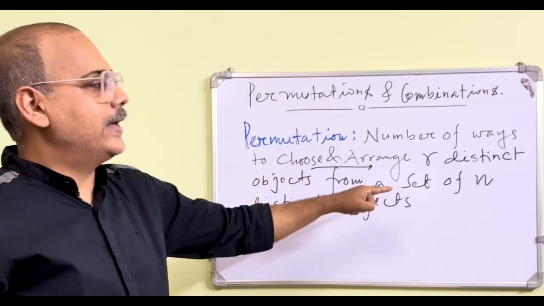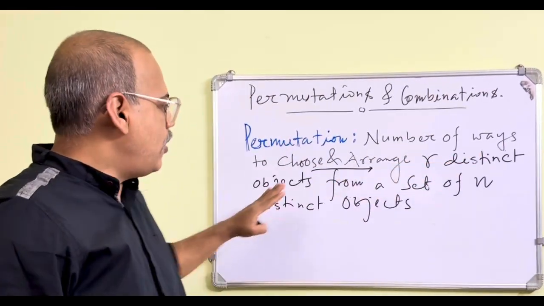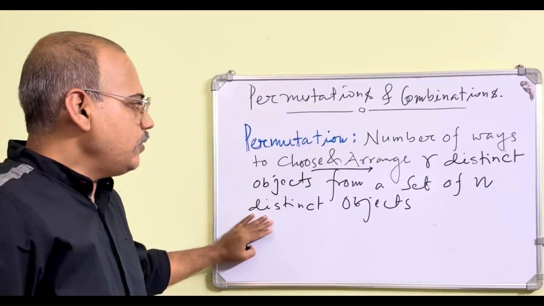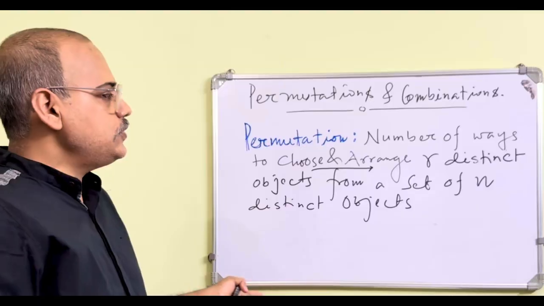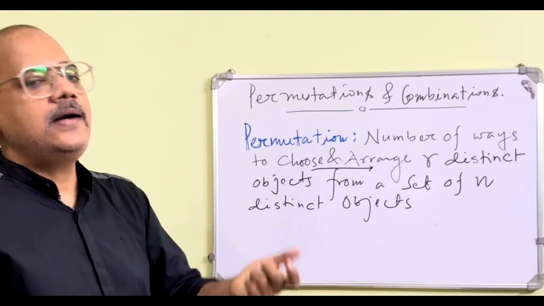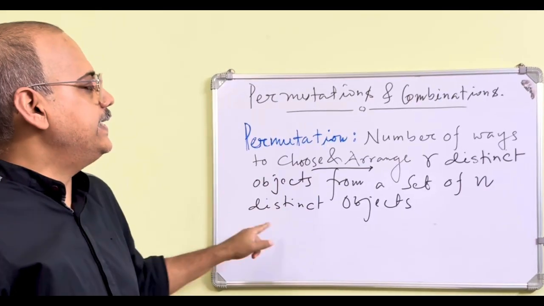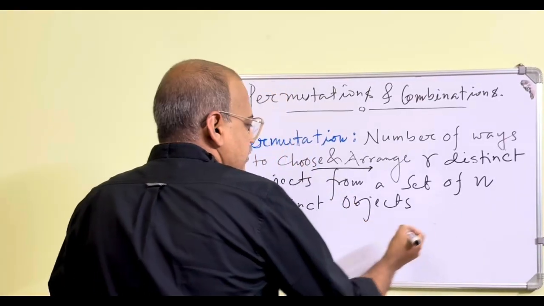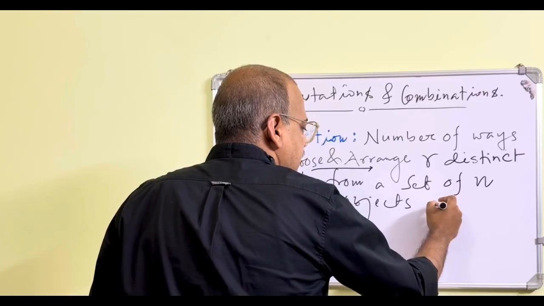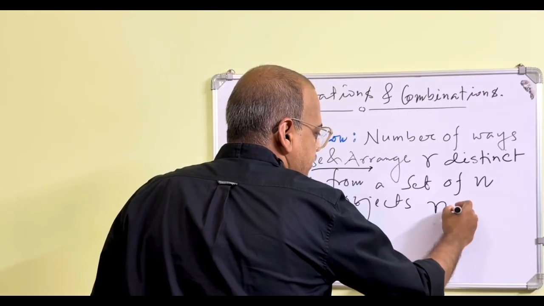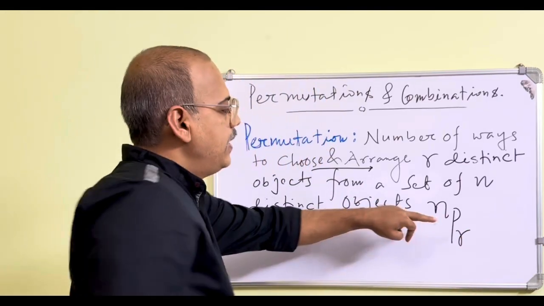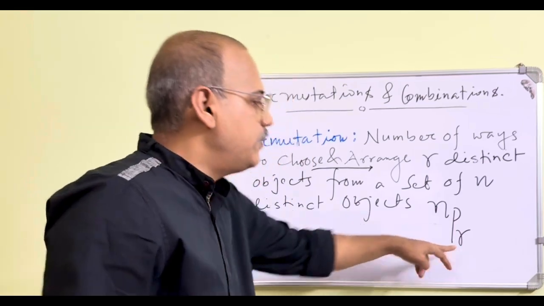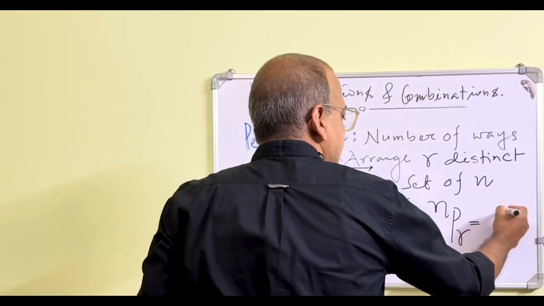Choose and arrange r distinct objects from a set of n distinct objects, which is denoted by nPr, n permute r.